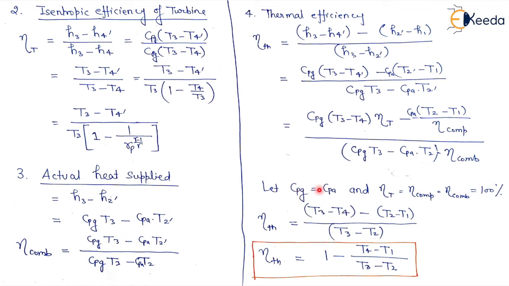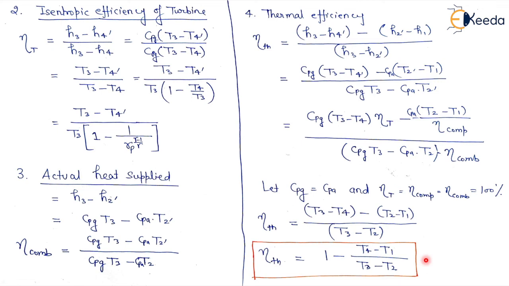If Cpg is equal to Cpa and the efficiencies of turbine, compressor and combustion are 100%, then this equation will reduce to T3 minus T4 minus T2 minus T1 divided by T3 minus T2. If I write this equation as 1 minus T4 minus T1 divided by T3 minus T2, I think you may recall the previous lecture where I was calculating the efficiency of the ideal Brayton cycle.